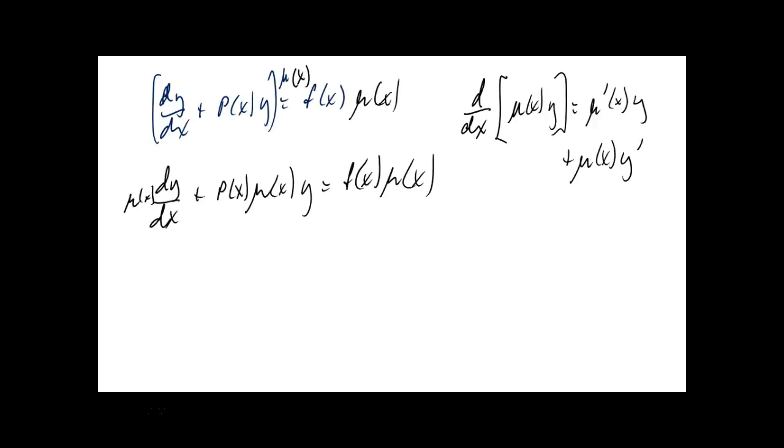Because you're taking it with respect to x, and the derivative of mu with respect to x is mu prime times y, whatever that is. And then you're taking the derivative of y with respect to x, which is what we're calling y prime. You could write it dy/dx, which is probably what we should, because that's what we have here.